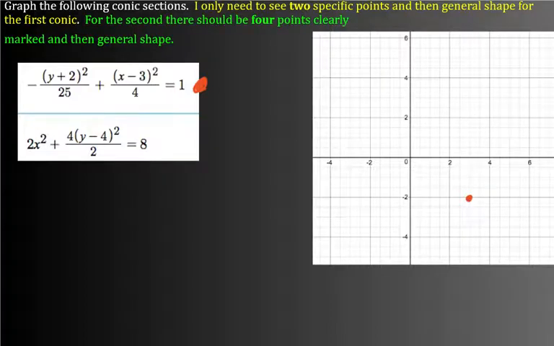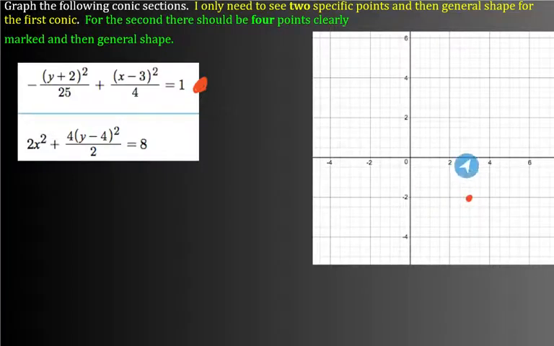And then for a hyperbola that's negative, what we really want is just the A measurement. The B one isn't really the more important one for getting a point on the actual graph, because the graph does not go up and down, it goes left and right. So this 4 right here actually tells me that I need to go 2 units left and right.